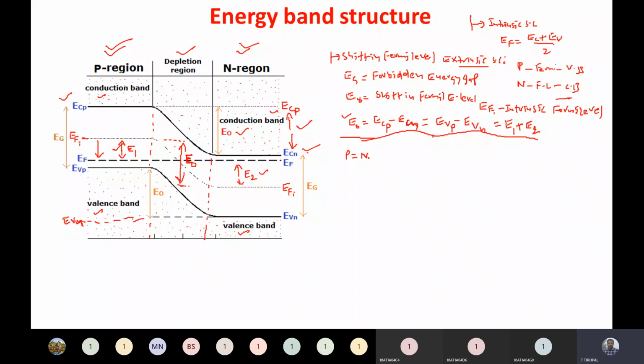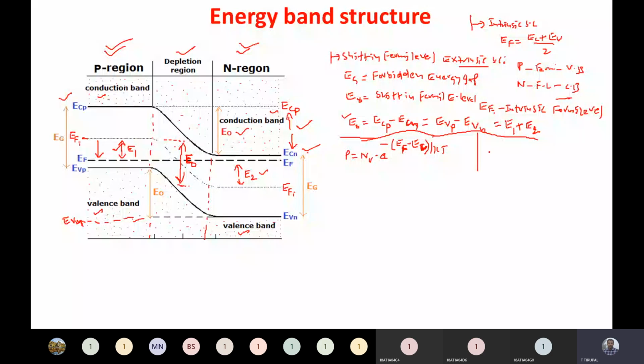P is given by NV into e power minus of EF minus EV divided by KT. Here EF is greater in a p-type semiconductor. This is for a p-type semiconductor.